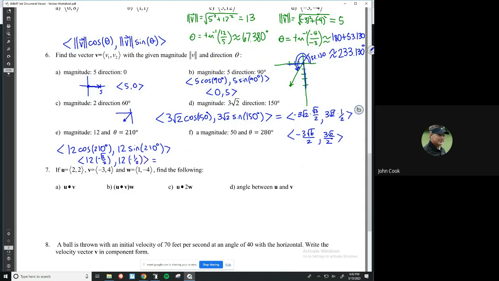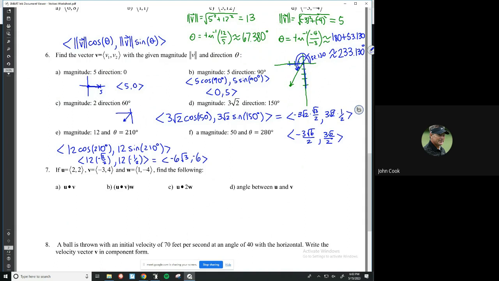And then 12 over 2 is 6, so it's negative 6 square root of 3. And then negative a half times 12 is a positive 6. So there's our component for that one. Oops, so that should be a negative 6. Sorry about that.